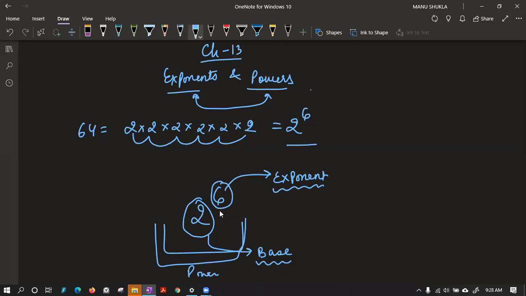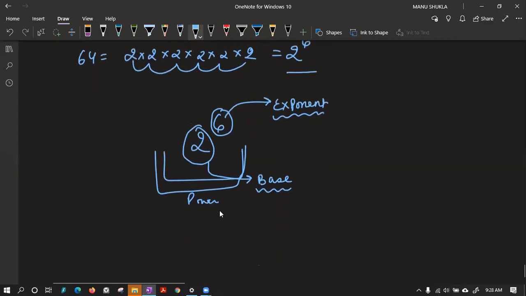So we say it is 2 power 6, but in that 2 is your base, 6 is your exponent, and this combination 2 power 6 is your power. Don't go much into that. It was only important for understanding.